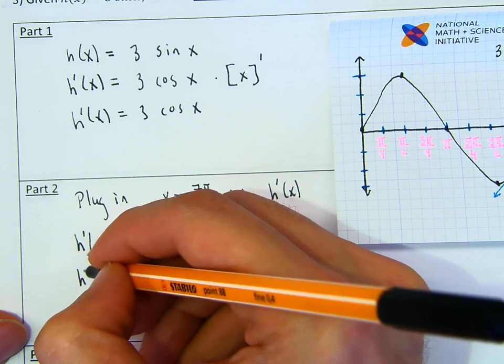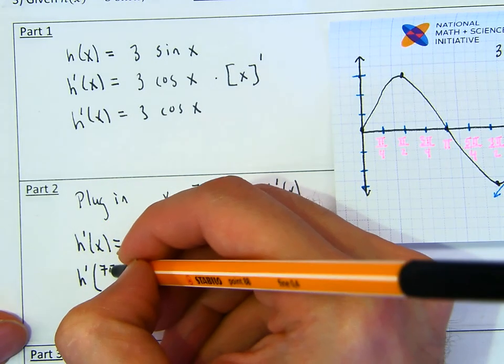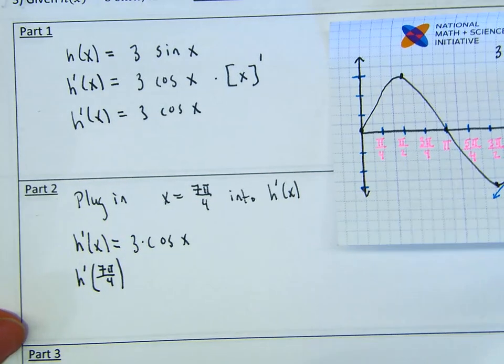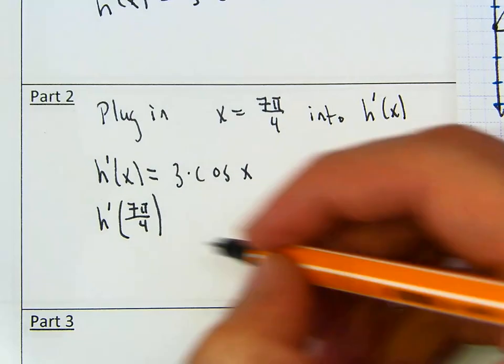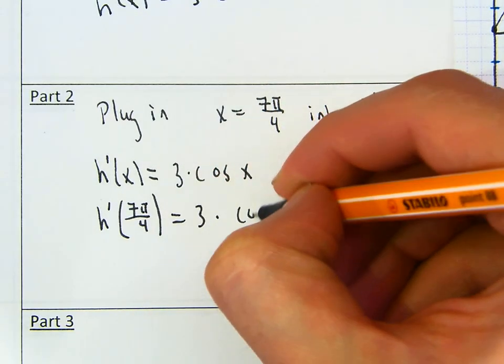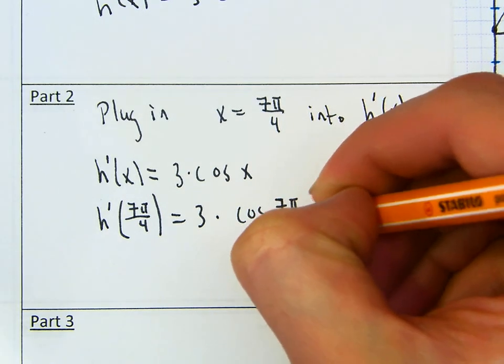So what is h prime of 7 pi over 4? It'll be 3 times cosine of 7 pi over 4.